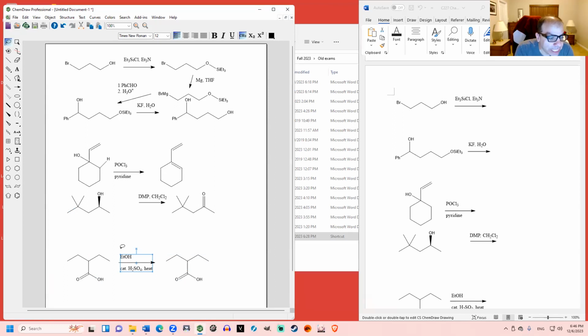You just attach the alkoxy group of the alcohol in place of the OH group of the carboxylic acid. So you would get, in this case, the ethyl ester, plus a molecule of water. And that's basically it.